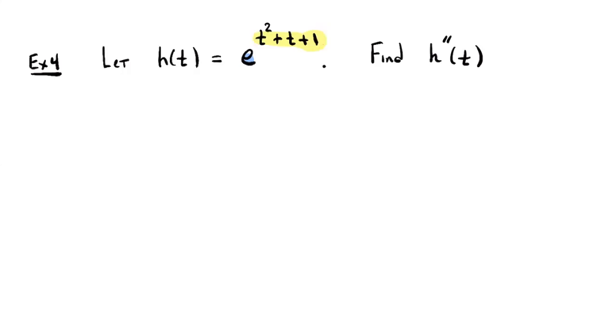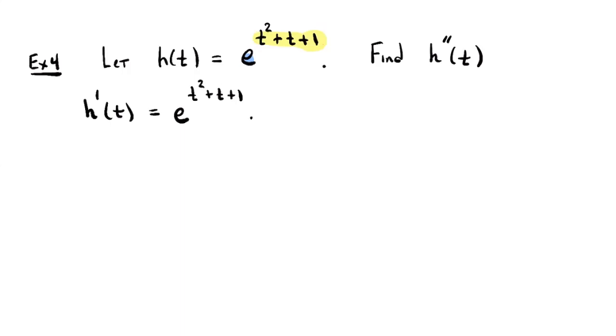We were asked for the second derivative here, so we have to compute the first derivative first. So let's try it. h prime. What's the derivative of the outside? Well, the derivative of e^x is itself. So when you take the derivative of the outside and evaluate it at the inside, you just start by copying what the function was.